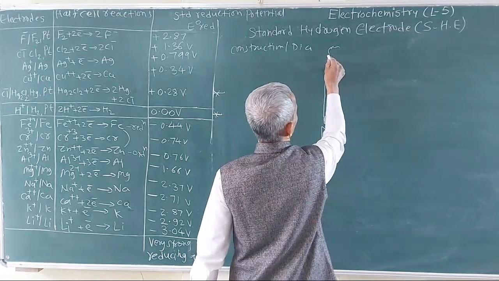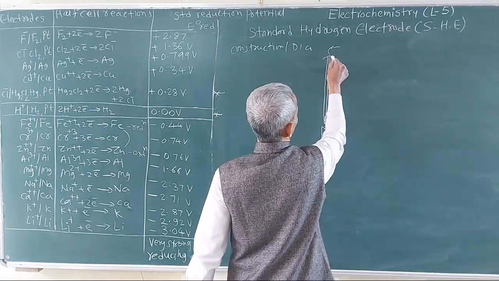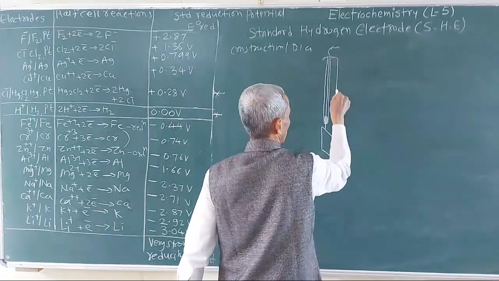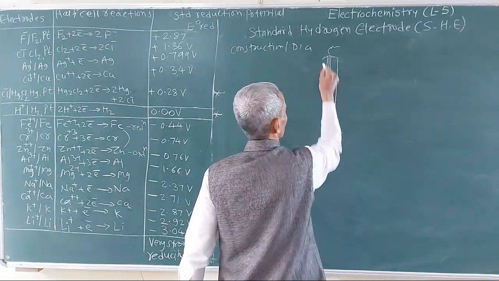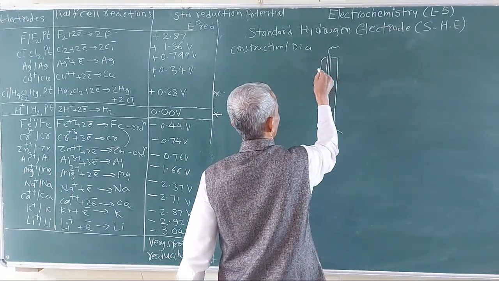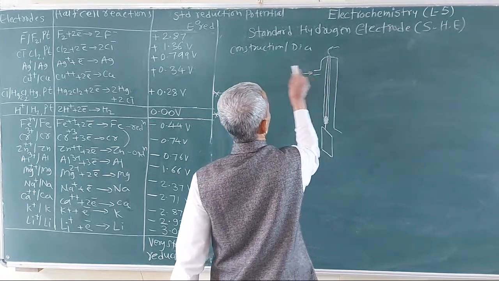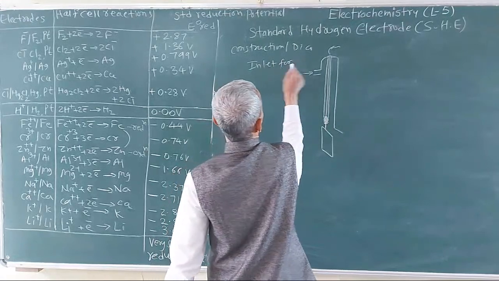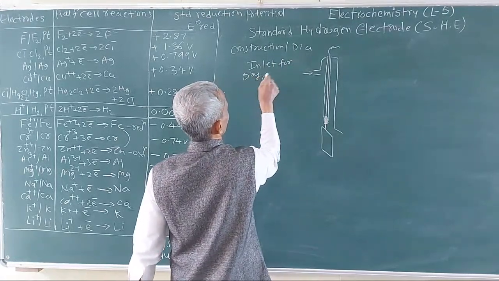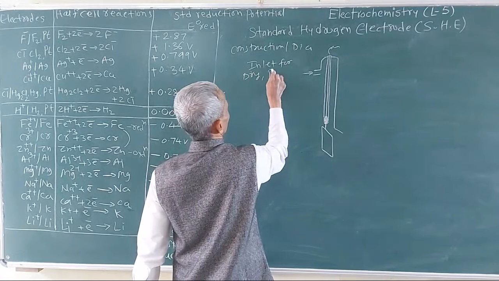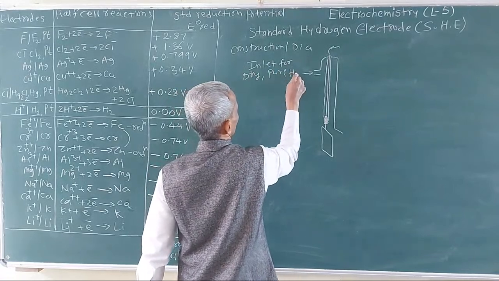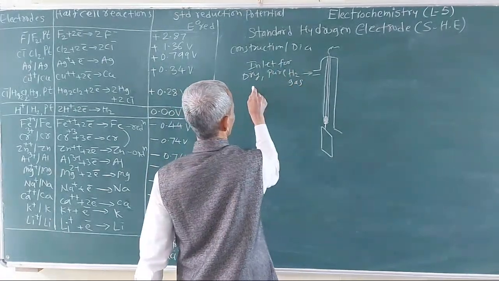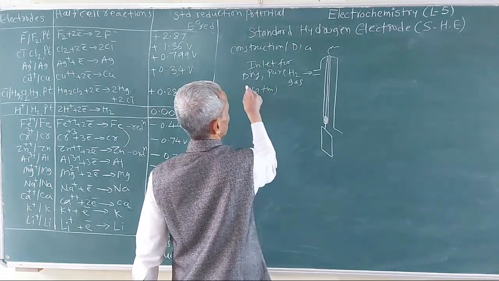Then this is the outer jacket, and there is an inlet for dry pure hydrogen gas, which is always bubbled at 1 atmosphere.